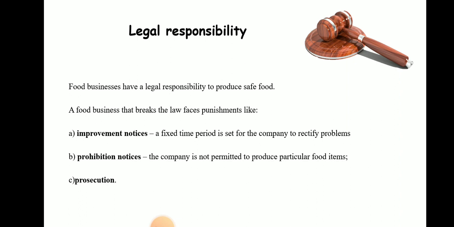It could be 1 month or 2 months as per the regulatory body. Then there are prohibition notices, where the company won't be permitted to produce a particular food item for a period of time, and even prosecution is possible as a punishment for breaking the law.